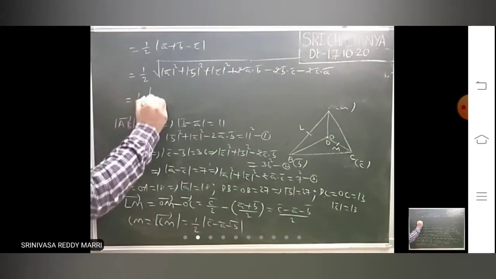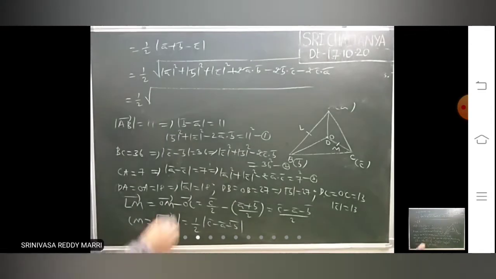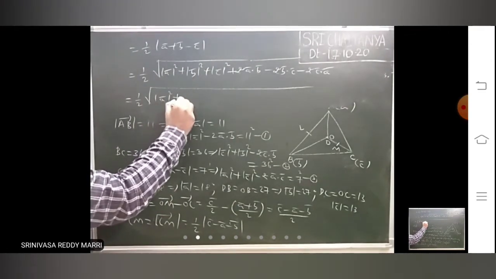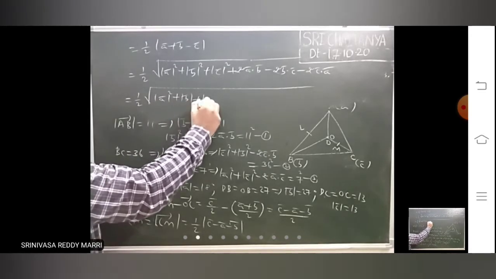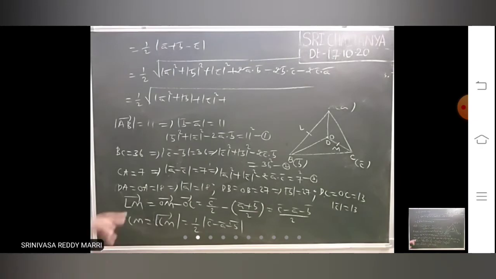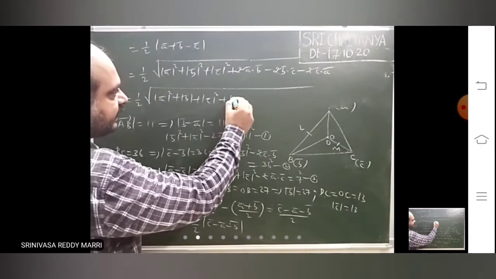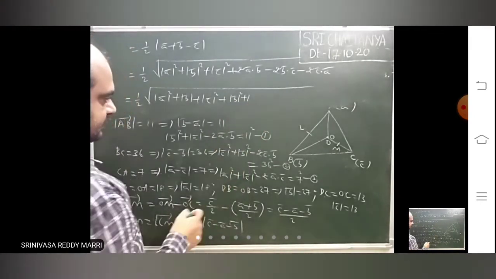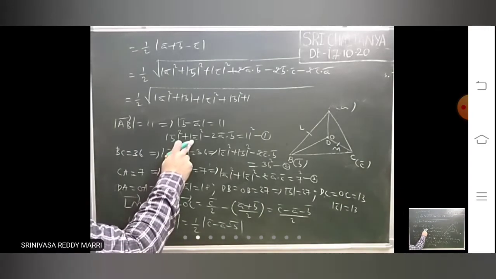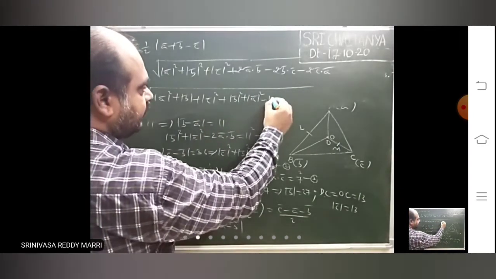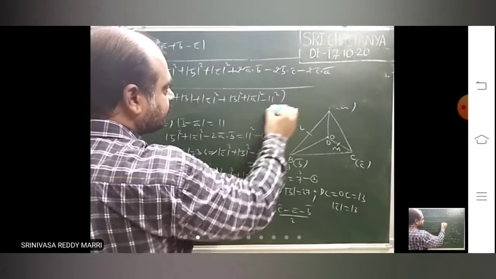So 1 by 2 into, I am just changing this. Look at it, now I know modulus A, modulus B, modulus C. From 1, 2 and 3, if you look at 2A dot B, in place of 2A dot B I am writing modulus B bar square plus modulus A bar square minus 11 square.